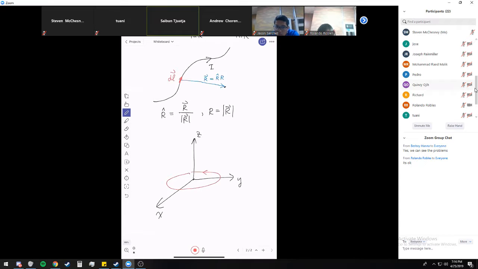So its differential element here, this is dl, and the current through it is I. The current is I, so the differential current element is I dl. For this particular segment, what is the R? This is the R. I'm sorry, maybe I should do the vector R itself.